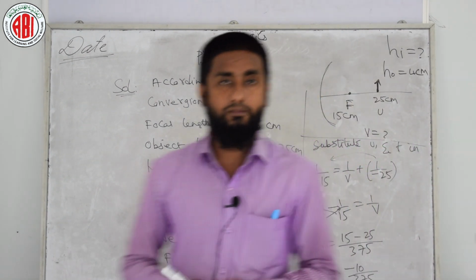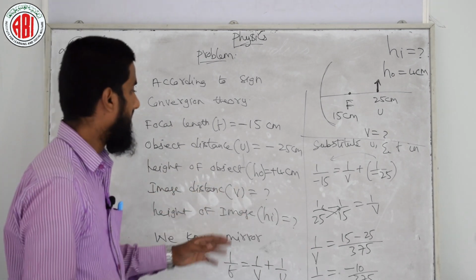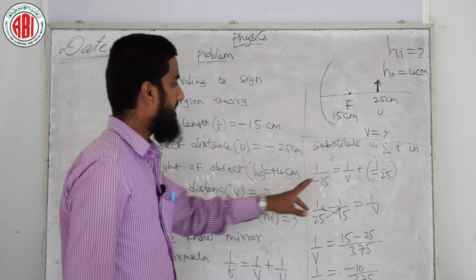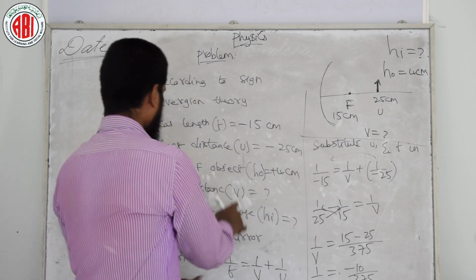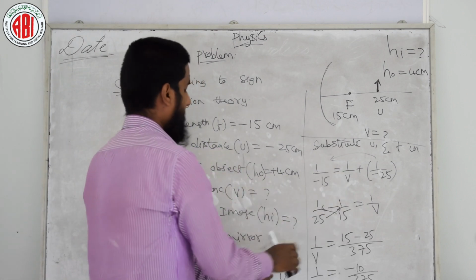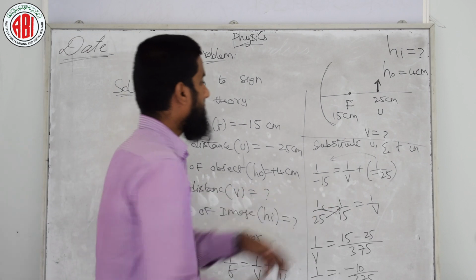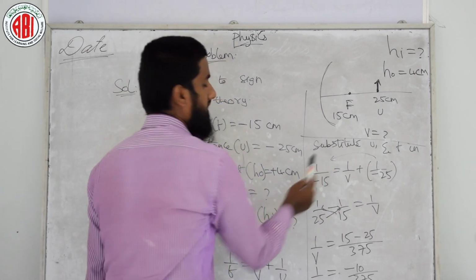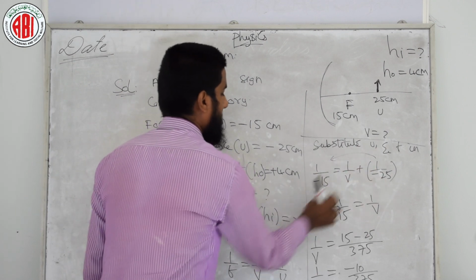Students, still here you can copy this. After that I am continuing after rubbing the board. This is very simple. Once again I am explaining. We have substituted the value of 1 by F, which is minus 15, 1 by V as it is, and in place of U I wrote minus 25. Now this minus 25 goes to the left hand side, it becomes plus 1 by 25, minus becomes plus.